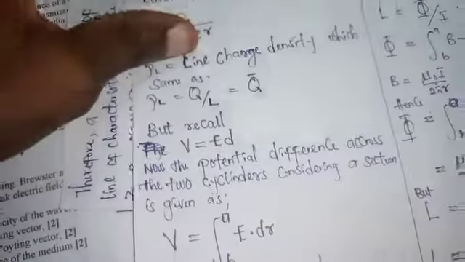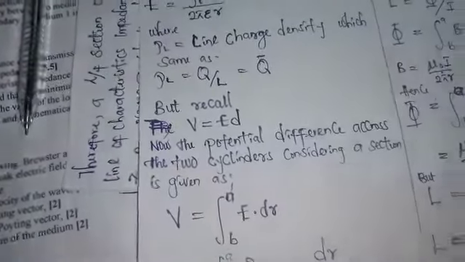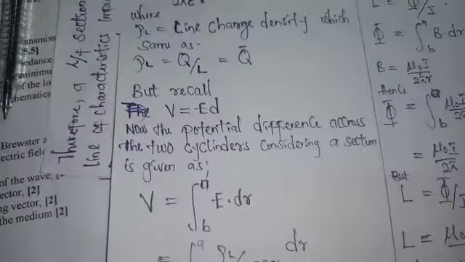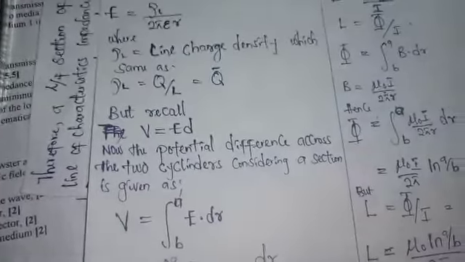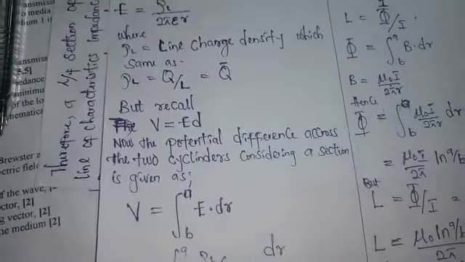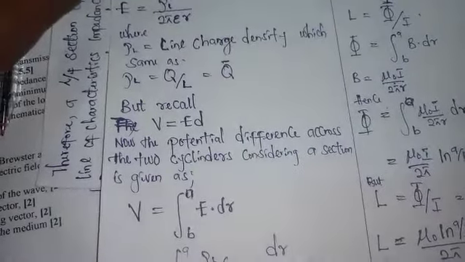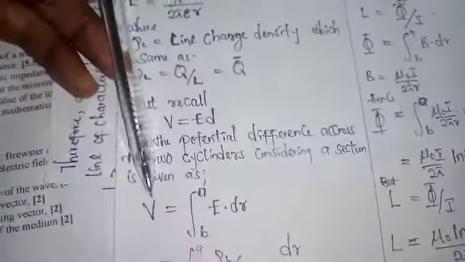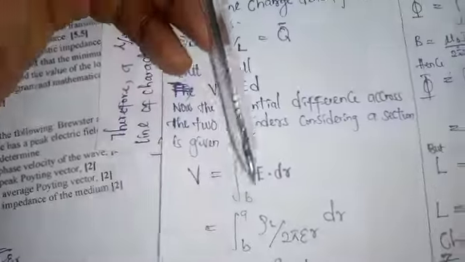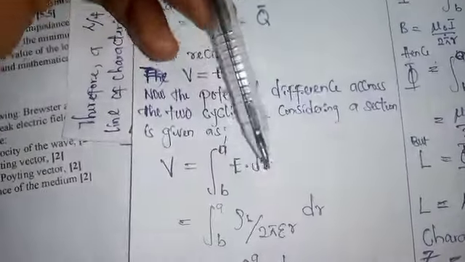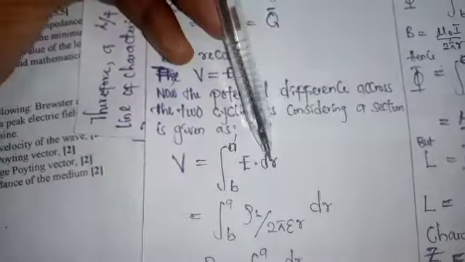If we consider a particular section of this two-cylinder scenario, we can analyze the voltage across the surface of the centers of the two cylinders. So that's where we bring in V equal to the integral, from the upper limit to the lower limit, of E times dr. That's E times delta r, the little section we are considering.